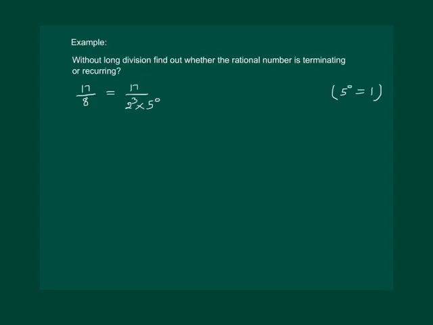So now we have a denominator of the form 2 power n into 5 power m, where n is equal to 3 and m equal to 0, that is non-negative integers. So by theorem 6, 17 by 8 has a terminating decimal expansion.